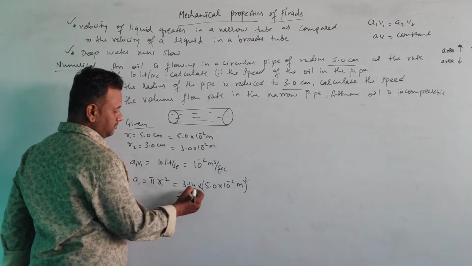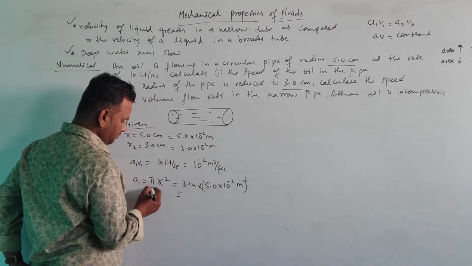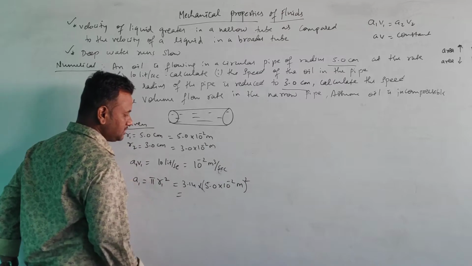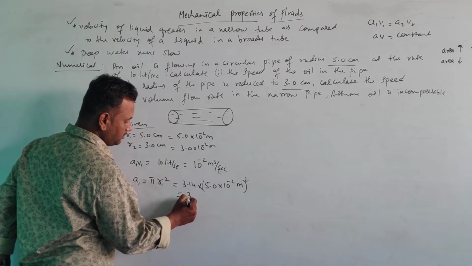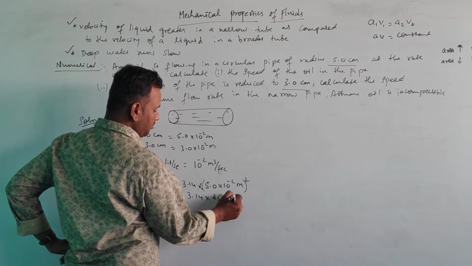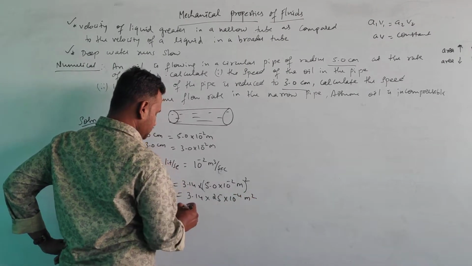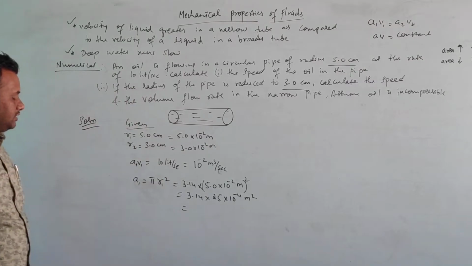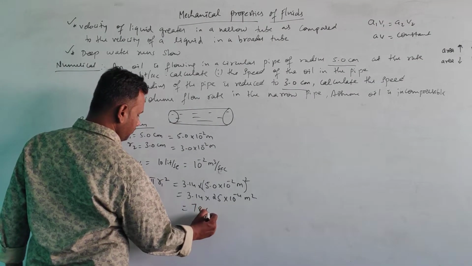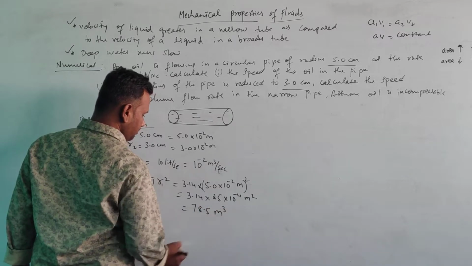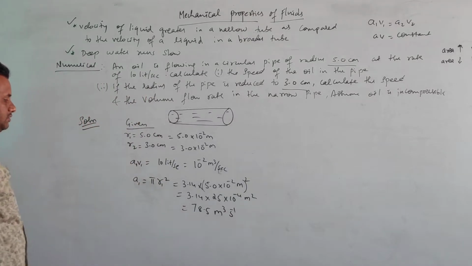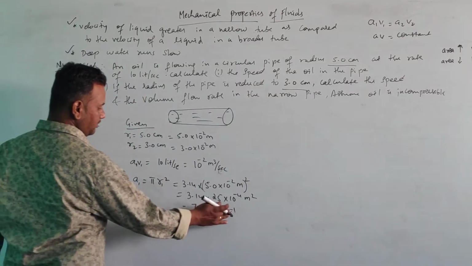So after multiplication, here πR1² is 3.14 into 5.0 into 10 to the power minus 2, whole square. So it becomes 3.14 into 25 into 10 to the power minus 4 meter square. After multiplying, you will be getting 78.5 meter square.